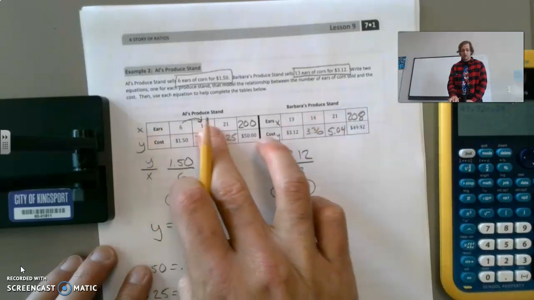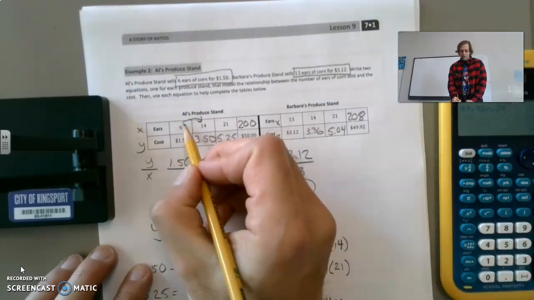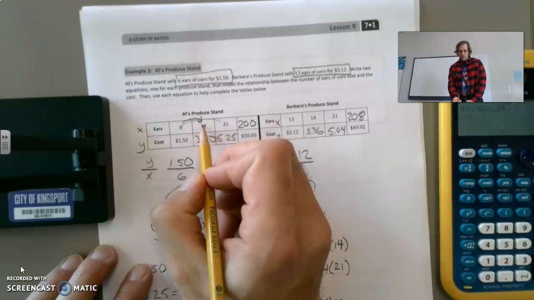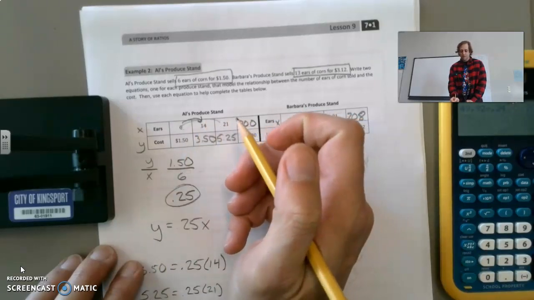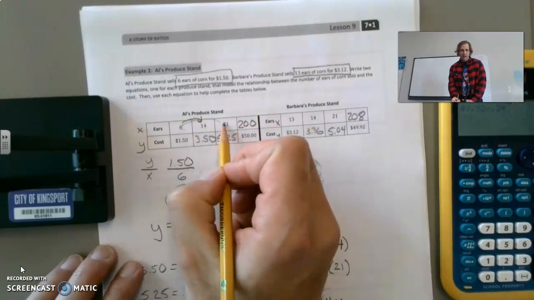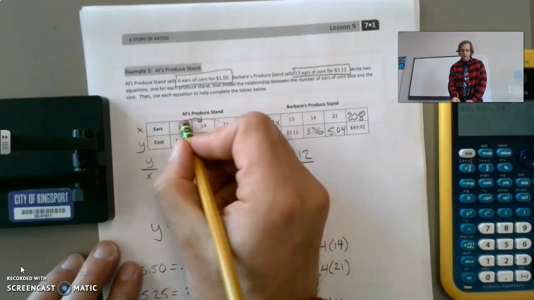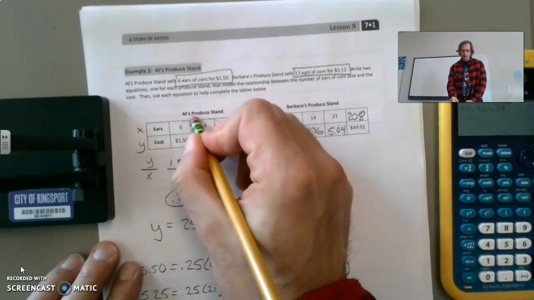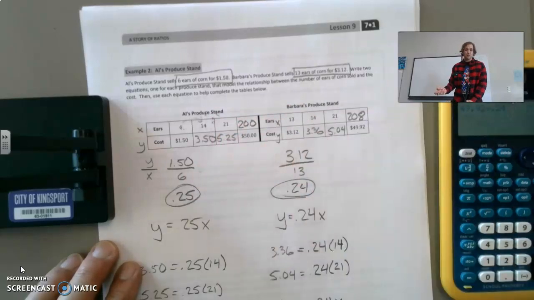Our x values are given randomly, so we really can't do this scale up. There's not a good multiplier to go from 6 to 14. That's 2 1/3. 6 to 21 is 3 1/2. In theory we could do that, but there's not really a good multiplicative relationship there. From 13 to 21, there's not a good multiplicative relationship either.